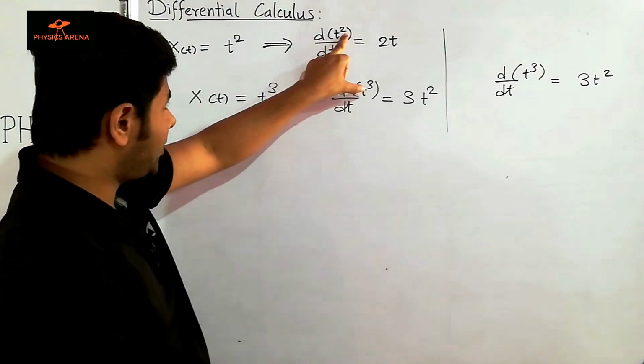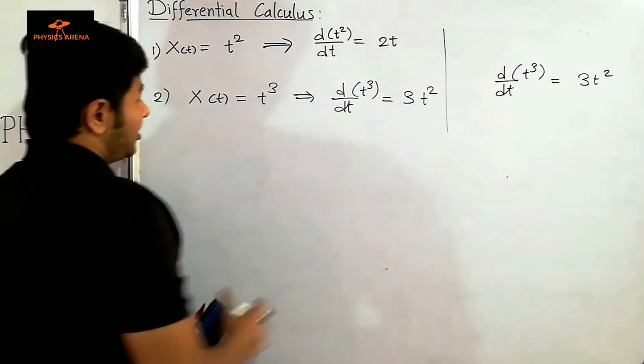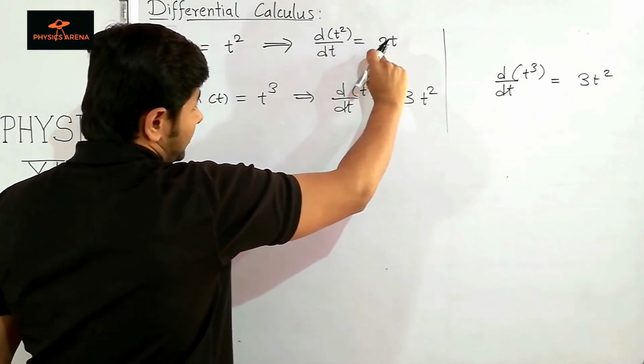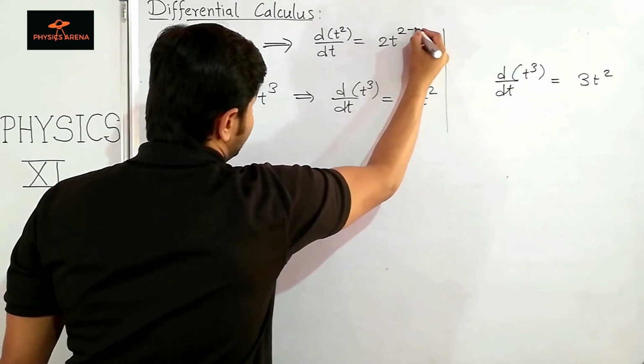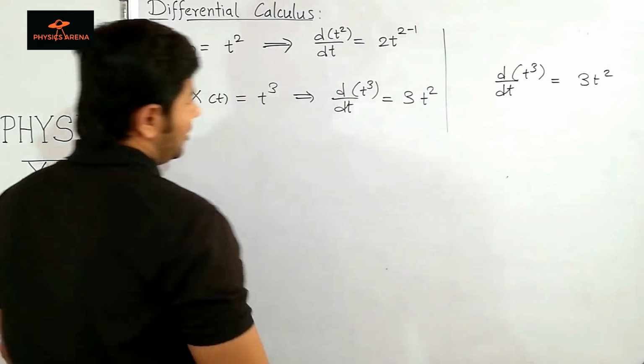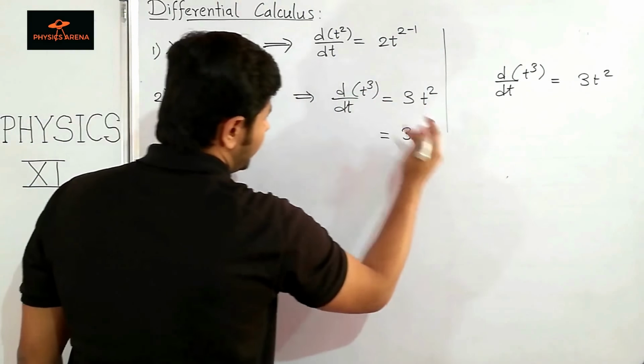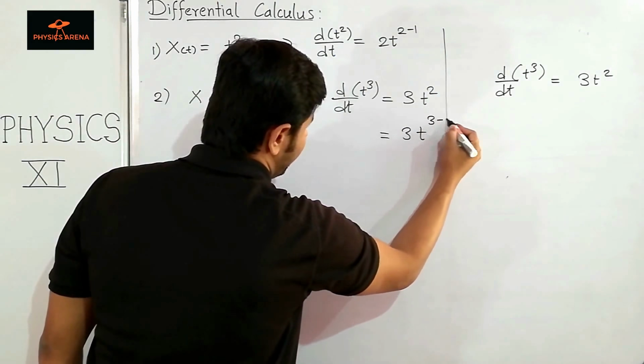So the power here is 2. This 2 comes in multiplication, and we can write this as 2t raised to 2 minus 1, which is 1. I can write this as 3. So this 3 comes in multiplication, t raised to 3 minus 1.